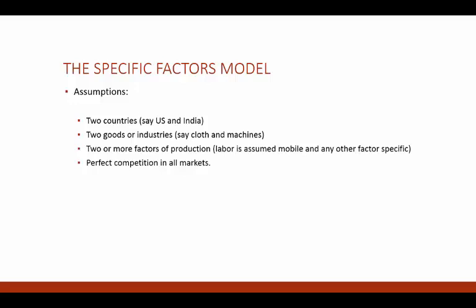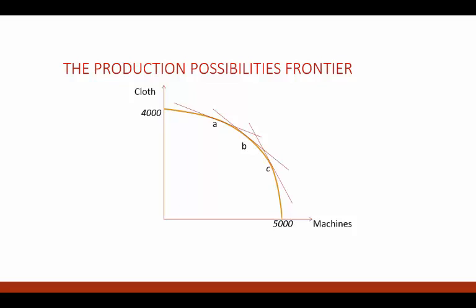Markets remain perfectly competitive in both countries. The PPF is again as depicted, bowed out and concave to the origin, due to multiple factors being used in producing both goods, and this reflects decreasing rates of marginal substitution between cloth and machines.